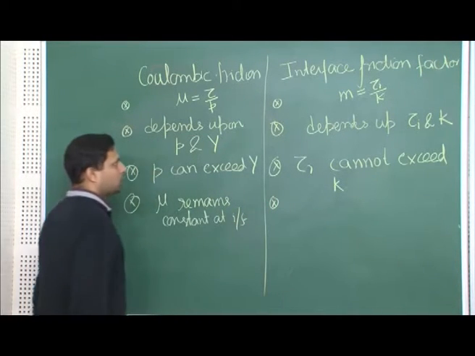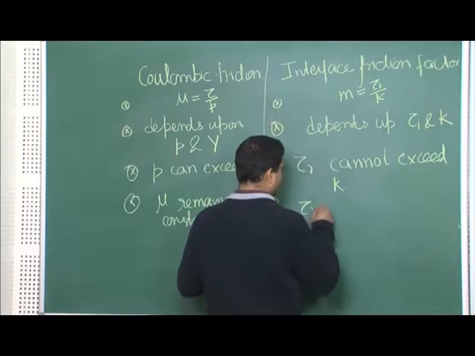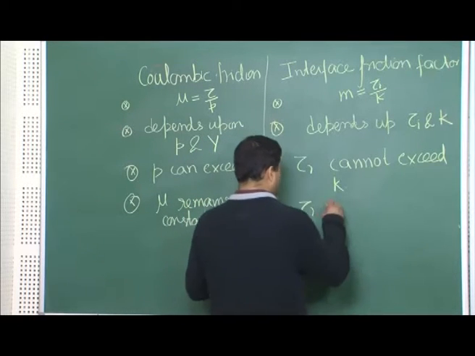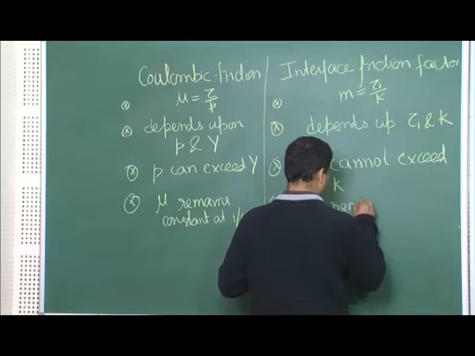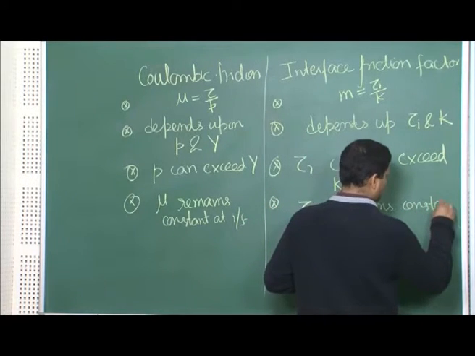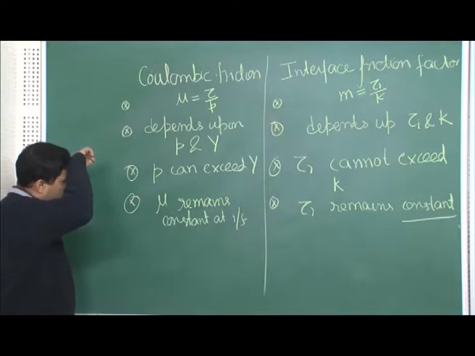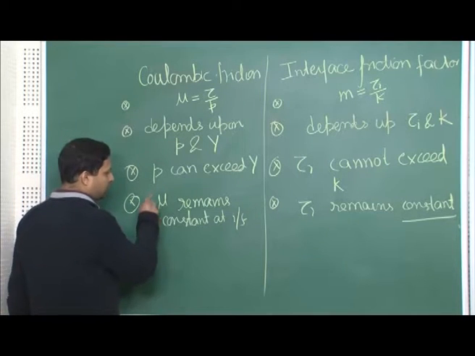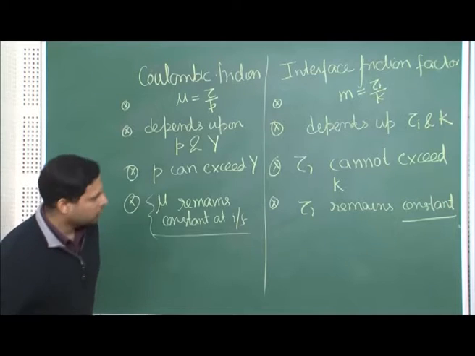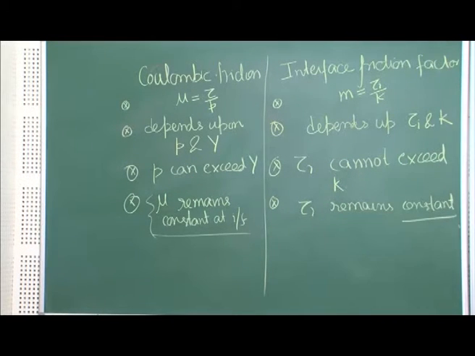And when we talk about interface friction factor, then what we assume is that tau I, which is the shear strength of the interface or the shear stress acting on the interface, remains constant. Now the question is, does this mu really remain constant at the interface? Why am I asking this? Let us take a look at it over here.